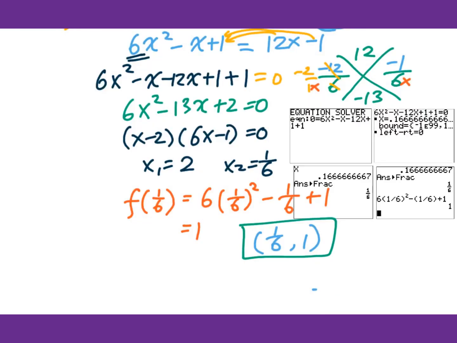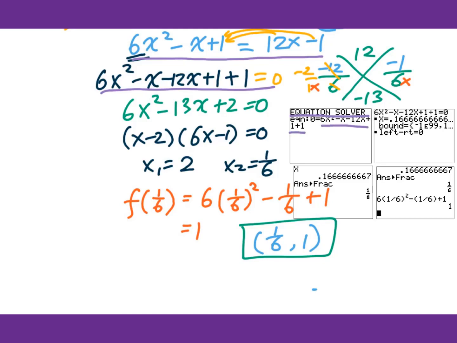Or you can use the equation solver to solve a quadratic function. After you set these two equal to each other, make sure to get equal to 0. Then you put it into the equation solver. You don't have to combine like terms before you plug into this equation solver. See, I didn't do anything.